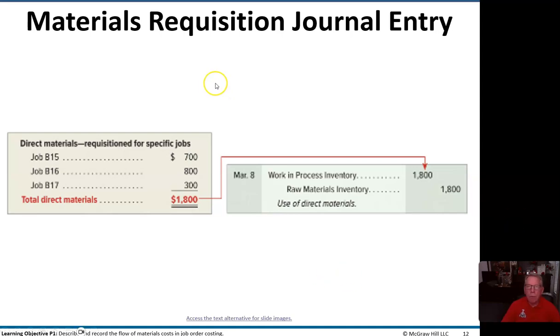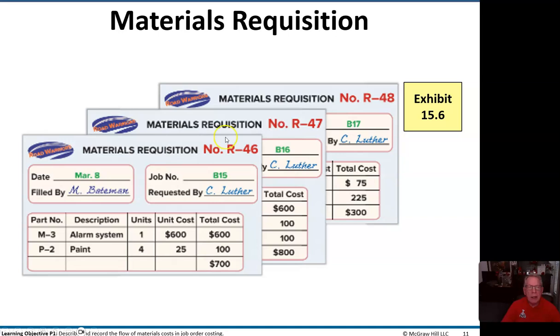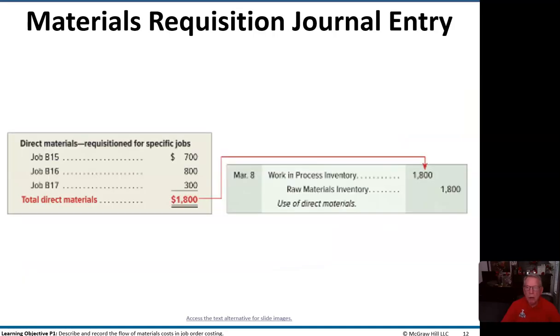Okay, so here's the journal entry. When we requisition this out to the plant, here's our job 15. Let's go back. Here's 15 here, 16 and 17. We're requisitioning these into the specific job. So you can see here's the job number, and here are the direct materials going to those specific jobs.